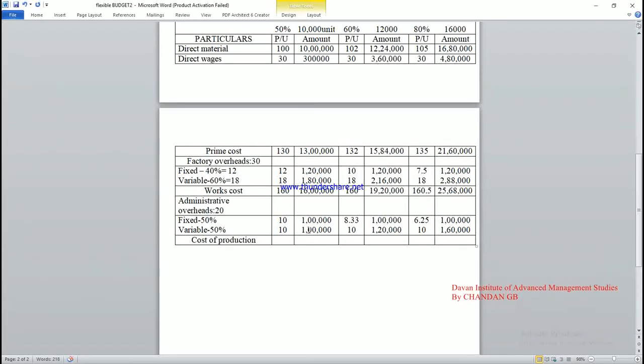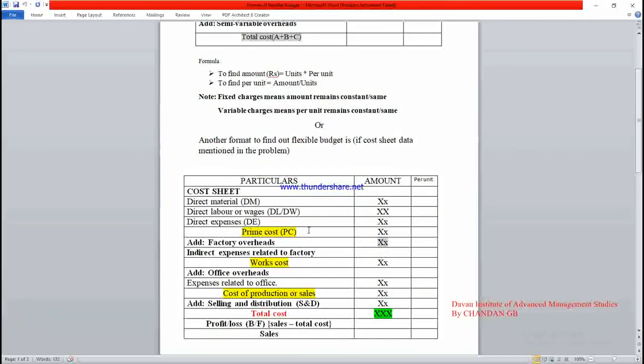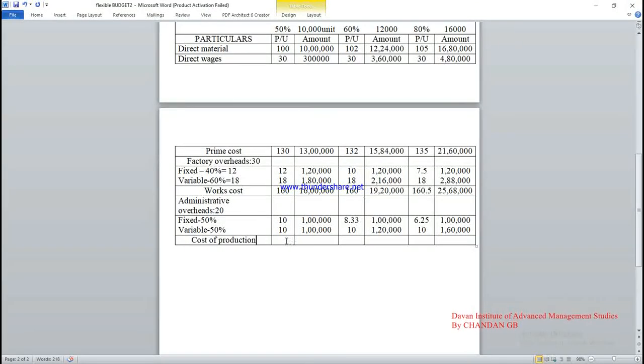Cost of production. Check out the format again. After adding the office overheads to the works cost, we'll get the cost of production or sales. Now add 160 plus 20, 180. Similarly, 16 lakh plus 2 lakh, 18 lakh. Next, 160 plus 10 plus 8.3, 178.3.